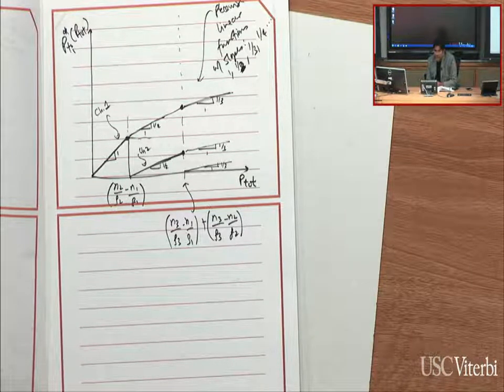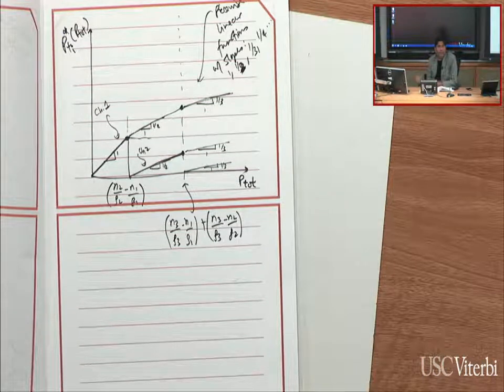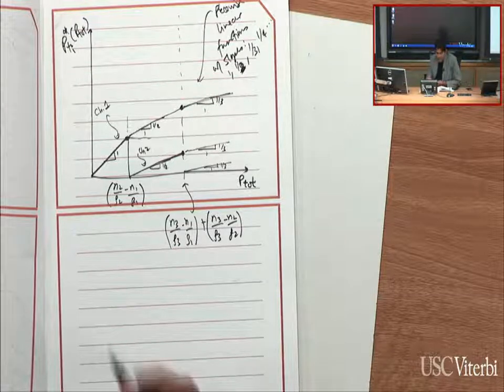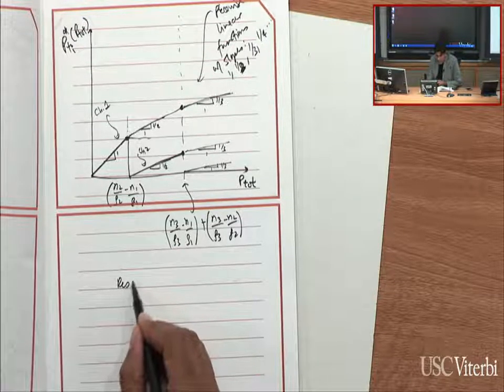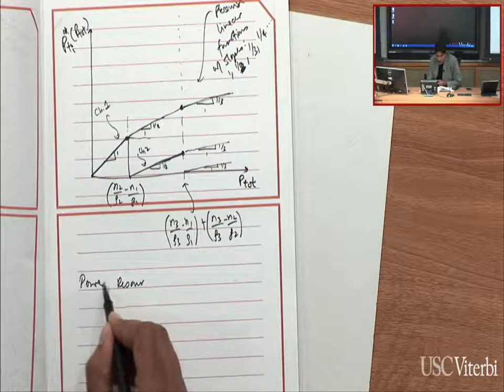They wanted to know how they should schedule the power levels for different users, and we were using this algorithm as the basis for doing that. So it's a very useful technique for what's called resource allocation. It's basically power resource allocation.